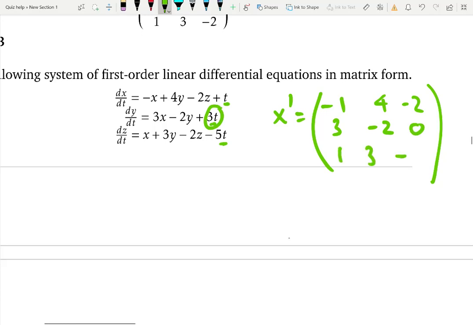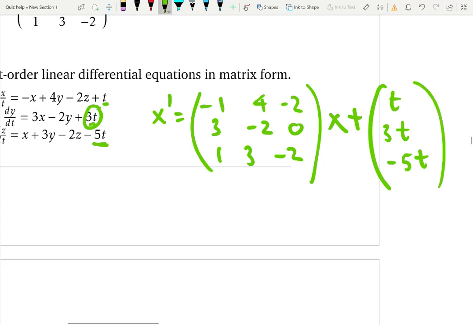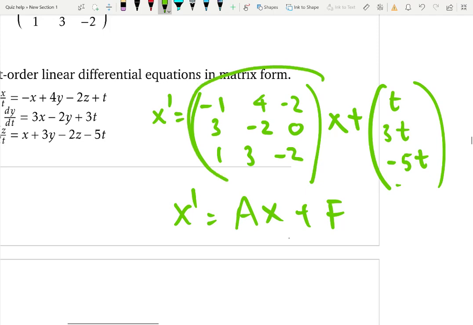Then 1, 3, -2. Now this is capital X, the x, y, z vector, plus the non-homogeneity now: t, 3t on the second row, -5t on the third row. Remember I took it with the sign, so I had -5t here. So this is X prime equals AX plus F. What is A? This is A. What is capital F? This is capital F.